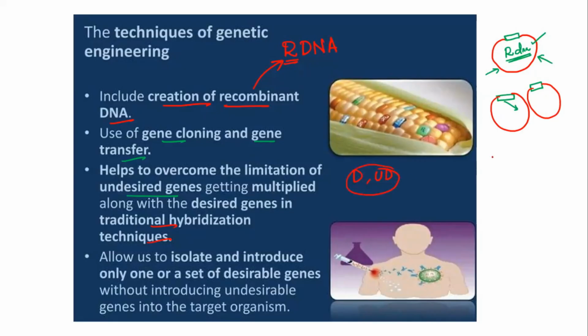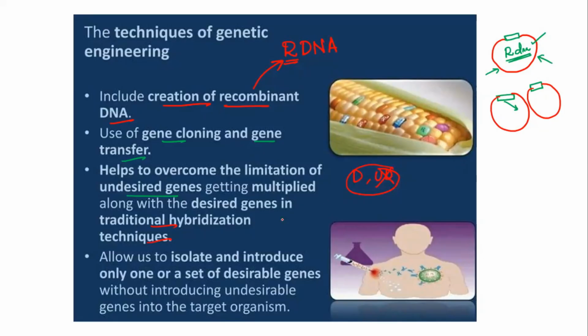But by means of genetic engineering, we can overcome this limitation. That is, we can stop the multiplication of undesired genes. We can remove them. We can have the desired gene there. Okay.